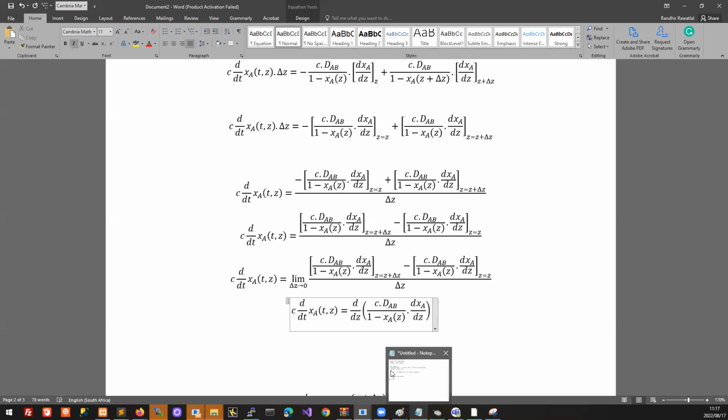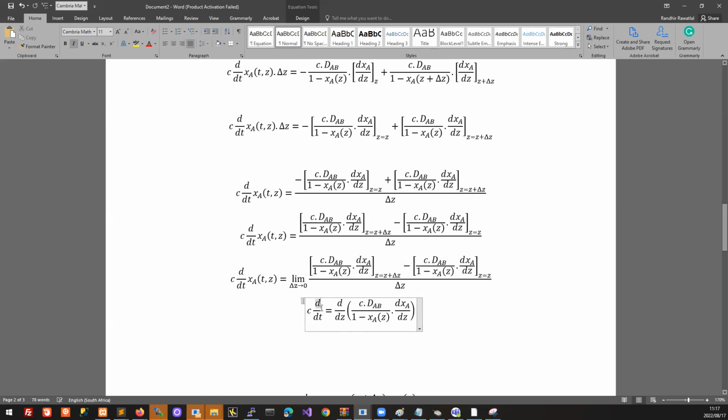So that's our expression. And you see this equation is a kind of friendly form now, because it is a PDE, but you can see it's a PDE in X_A. So now we have a nice equation which we can just go ahead and integrate.